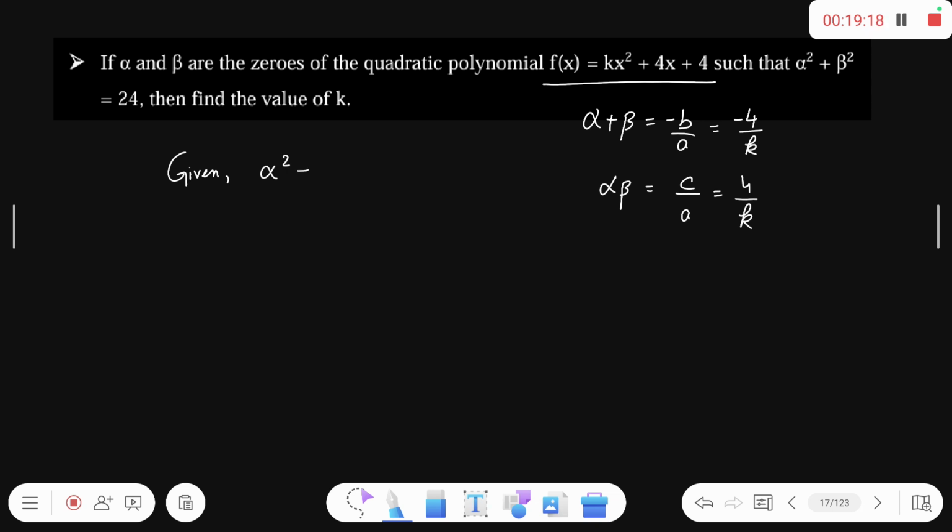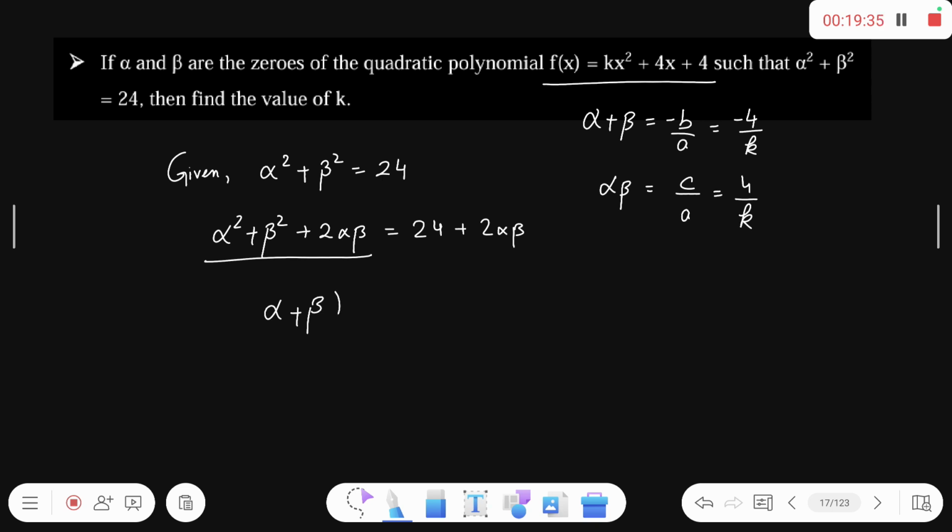You are given alpha square plus beta square is equal to 24, or I can write alpha square plus beta square plus 2 alpha beta, adding 2 alpha beta on both sides. Now this expression becomes alpha plus beta whole square, which is 24 plus 2 alpha beta.